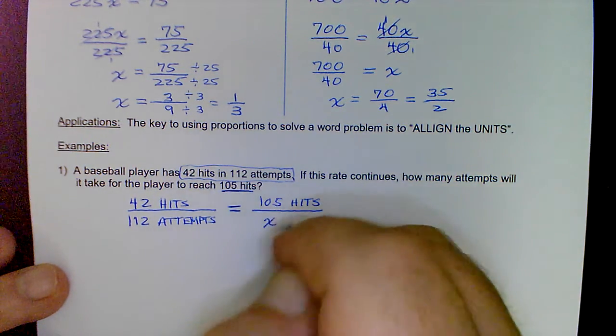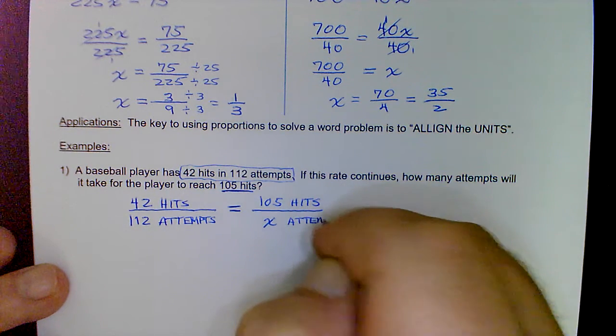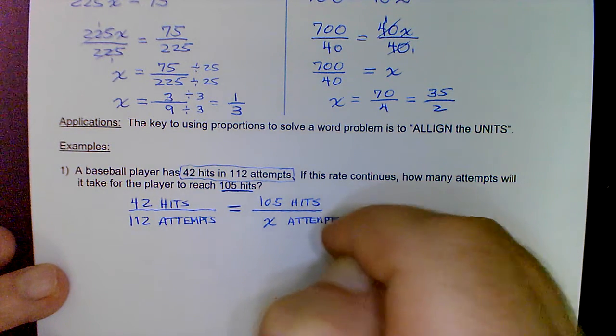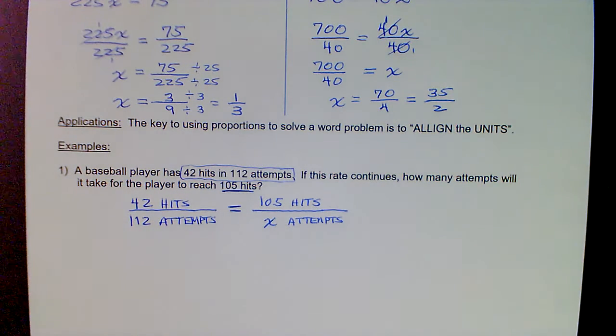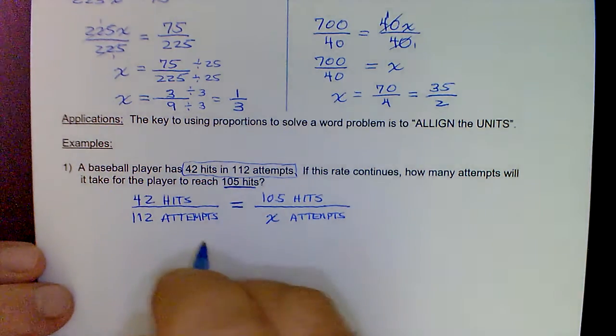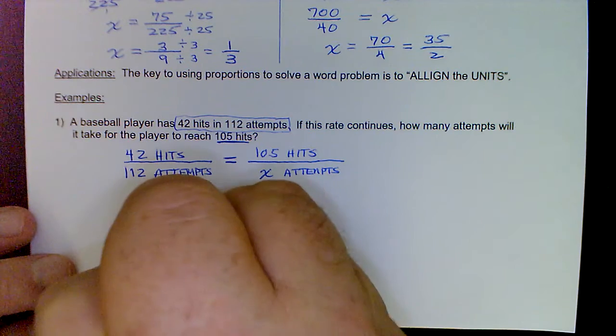And then you can call this X attempts, you can call it X, N, excuse me, any variable you like. So once the proportion is set up with the units, then you could drop the units.